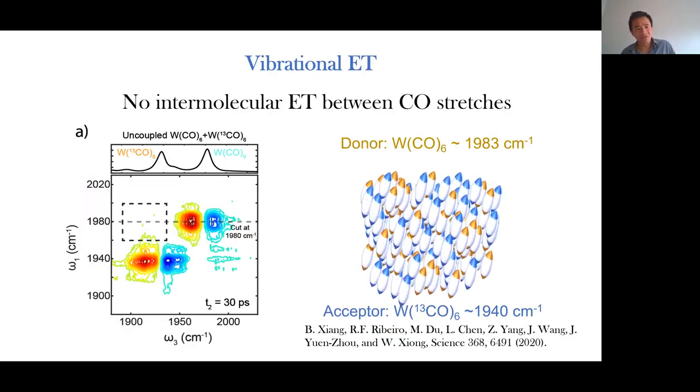Now, what my colleague did was reproduce the same idea, but with vibrational chromophores. What I think is very interesting in this case is that vibrational chromophores never transfer energy between themselves. So he put two isotopomers of tungsten hexacarbonyl, and then he parked the cavity at the middle between those two isotopomers.